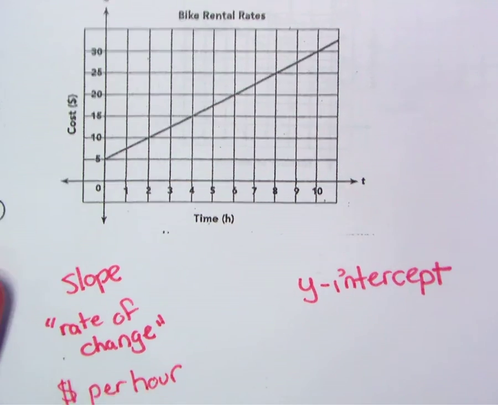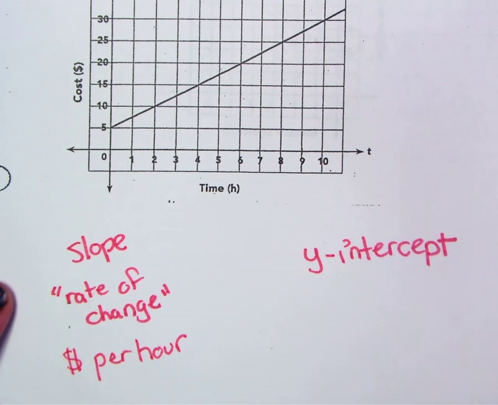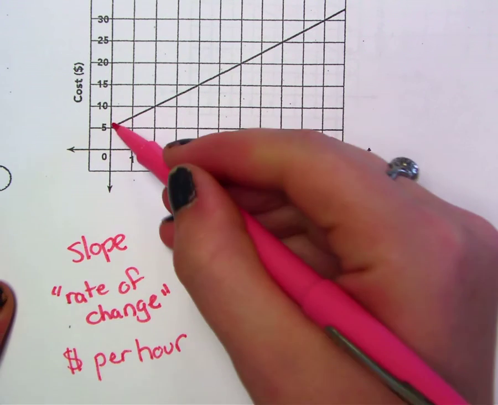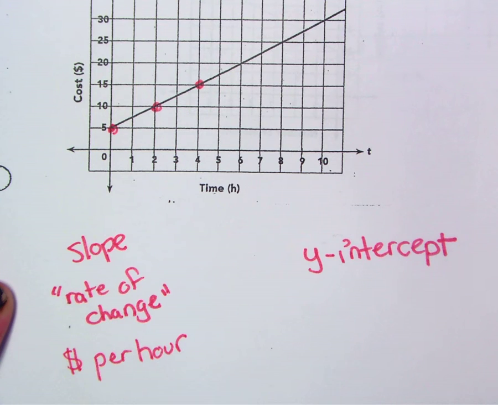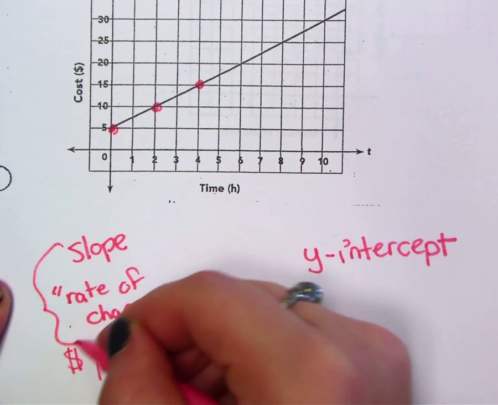So I want you guys to problem solve that out. You might want to make a table, put some points in it, like here's a point, here's a point, here's a point. You might just want to look at your graph. I want you to figure out how much money it's going to cost per 1 hour. So that's what we call our slope, or that's our rate of change.